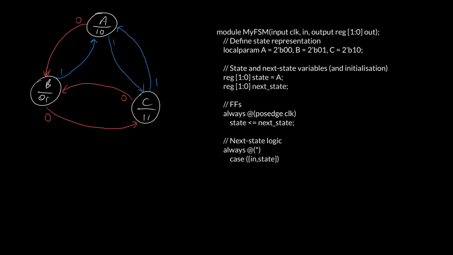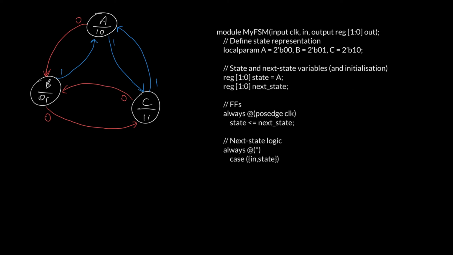For other problems, it's probably going to be too cumbersome to have a case statement with both in and state in there. Then your case statement might just depend on the state, for example, and within each state you switch depending on the input. In fact, I'll show you how to do that after we've done it this way first.